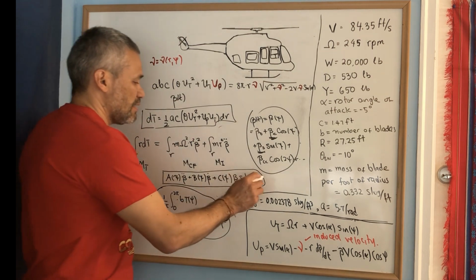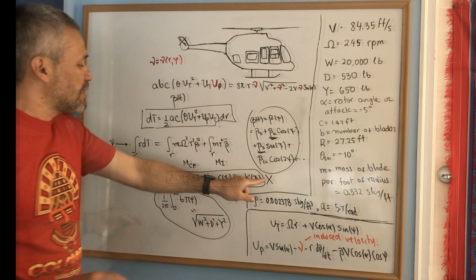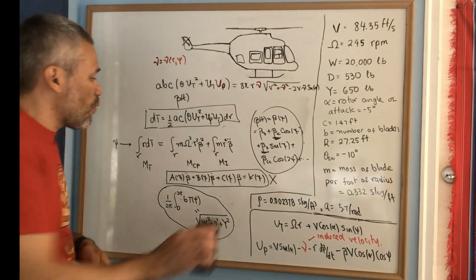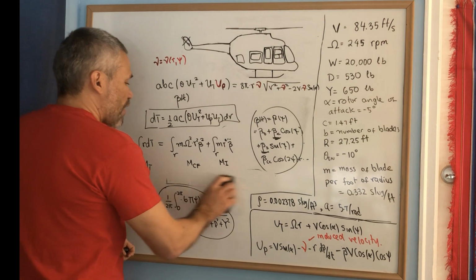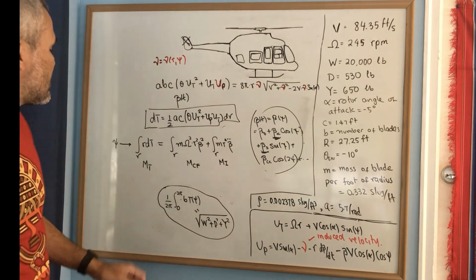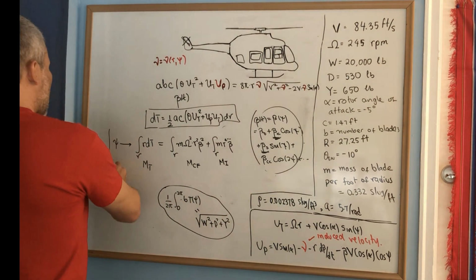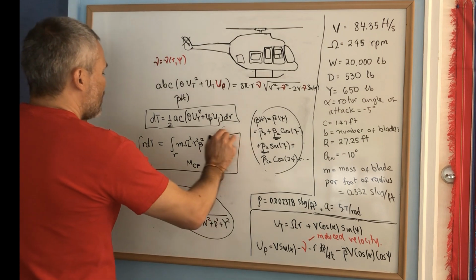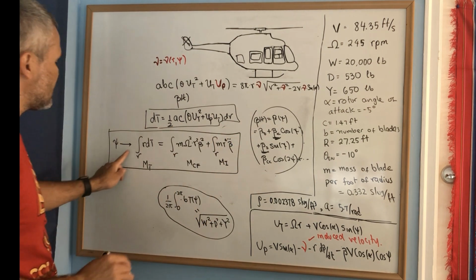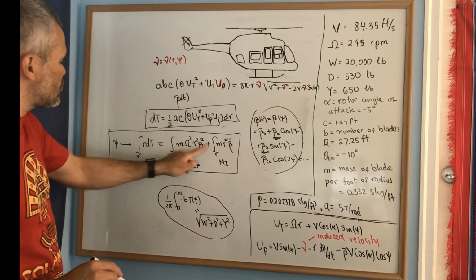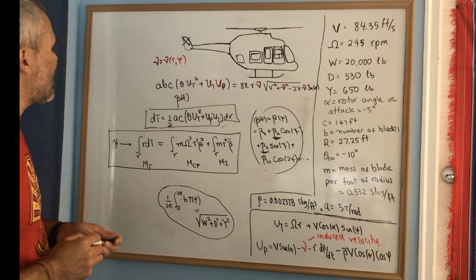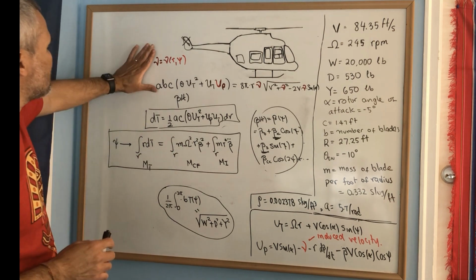But we have our four families of equations that need to be true. For every azimuth angle, we want these two functions to be the same. Then we have four families of equations.